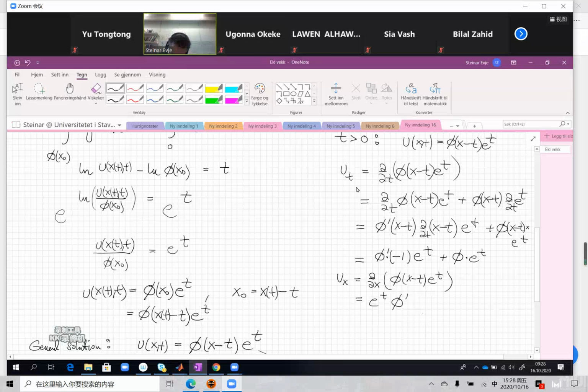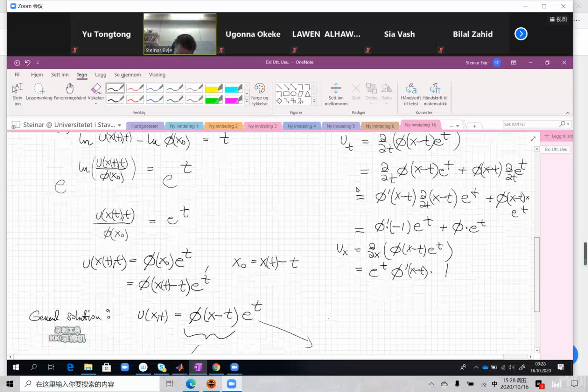That will give us phi prime of x minus t multiplied by the spatial derivative of x minus t, which is just 1.